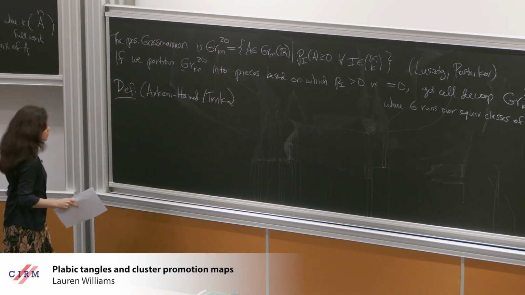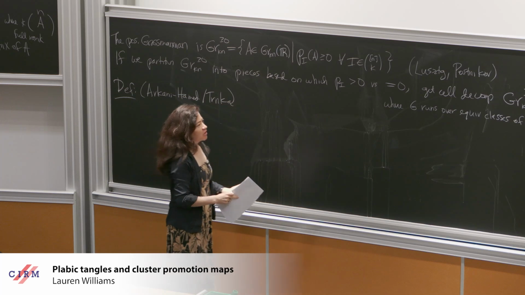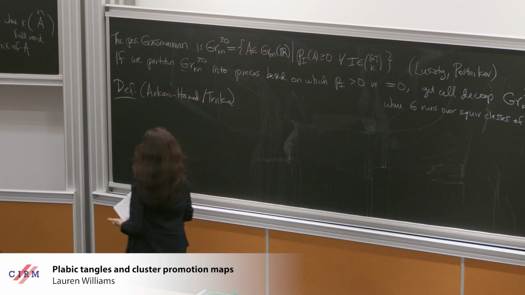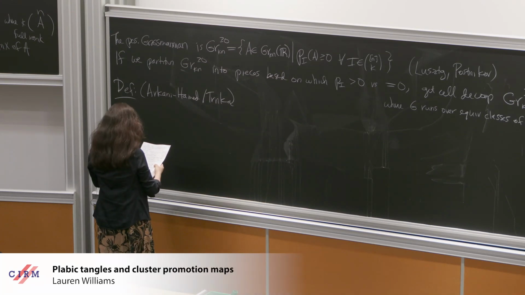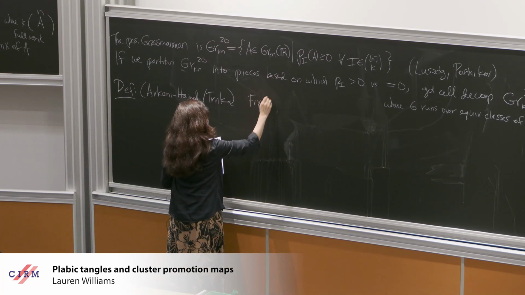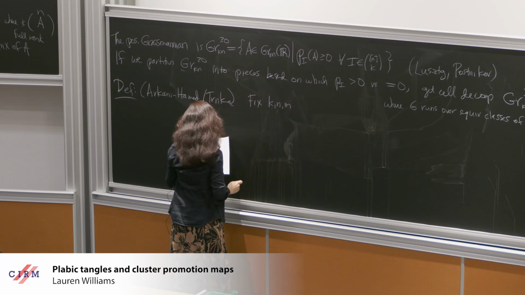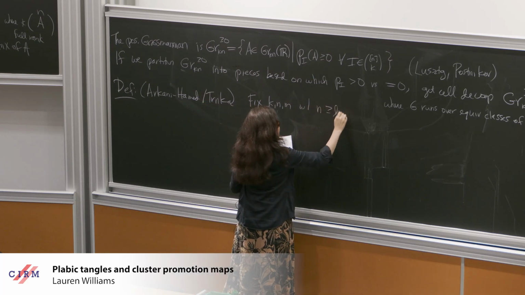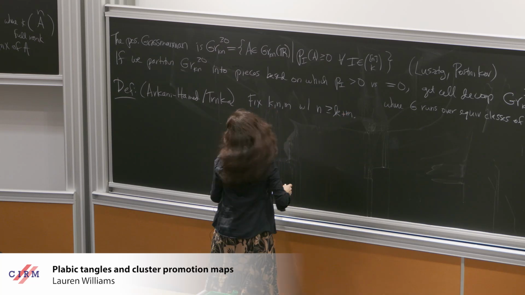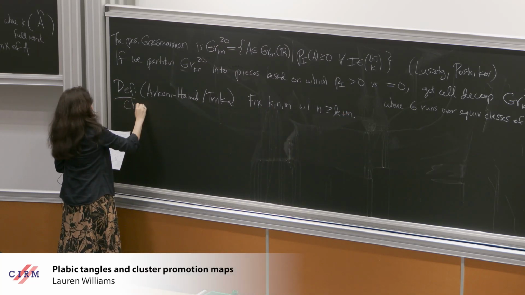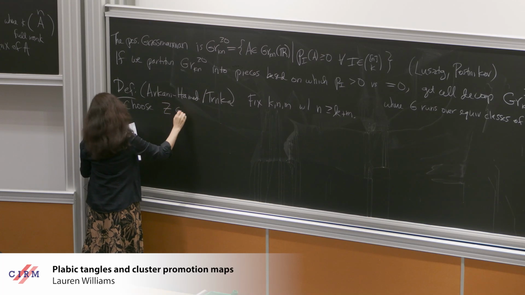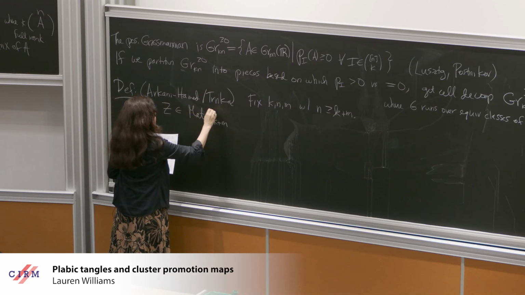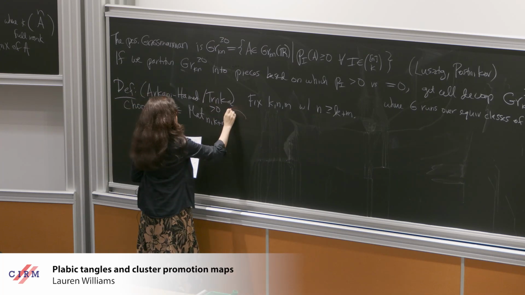They were motivated to give a geometric framework for the BCFW recurrence for scattering amplitudes in N=4 super Yang-Mills. And they wound up introducing the following object. So let's fix k and m with n at least k plus m. And let's choose a matrix, Z. It's going to be an n by k plus m matrix with maximal minors positive.